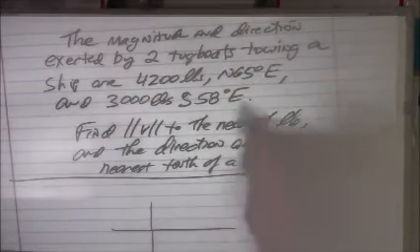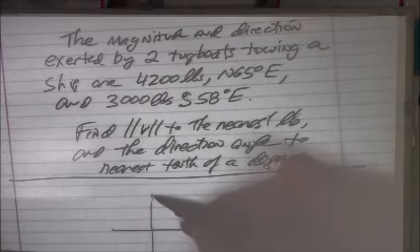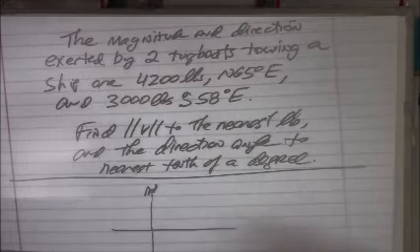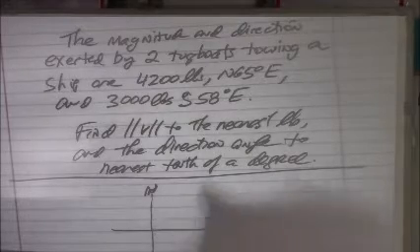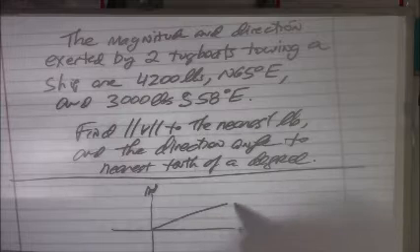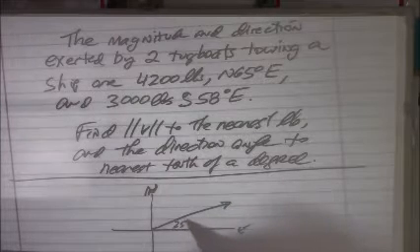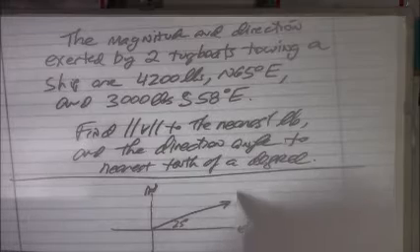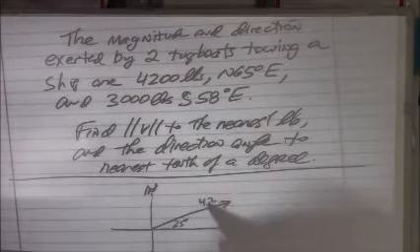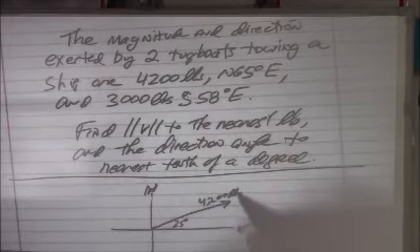So here, north is here, and 65 degrees means coming down this way. North, south, east. So 65 degrees coming down here means we're going to have 25 degrees going that way. This tugboat's pulling at 4,200 pounds.